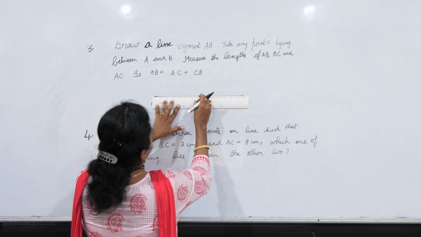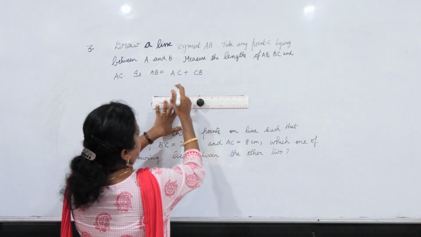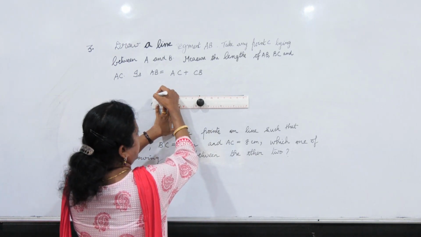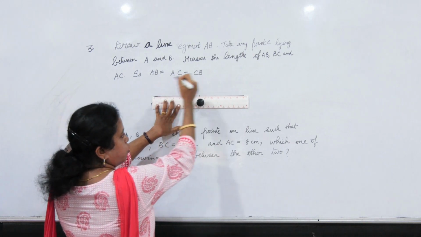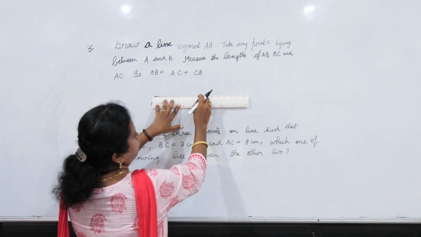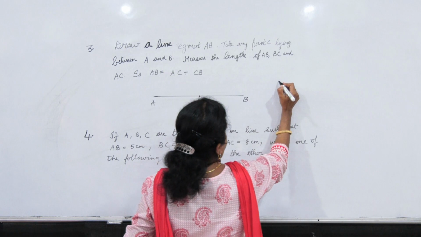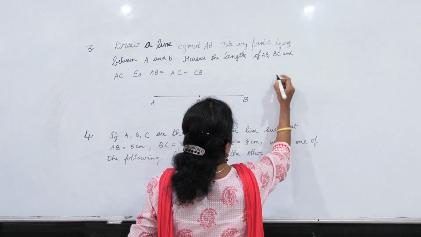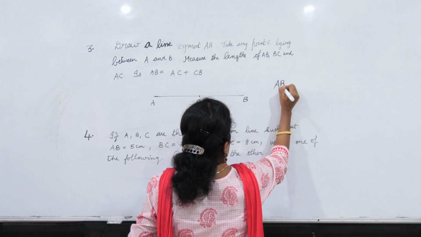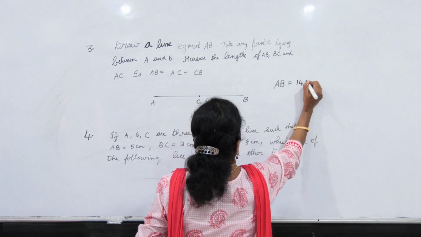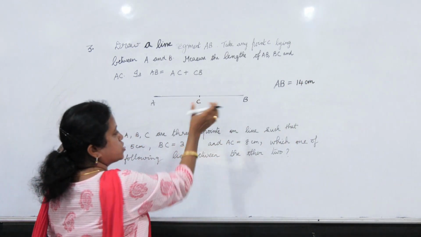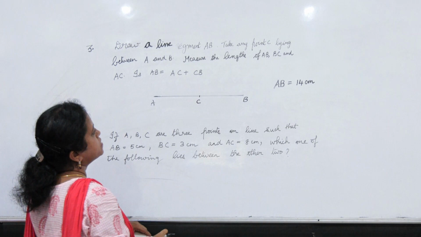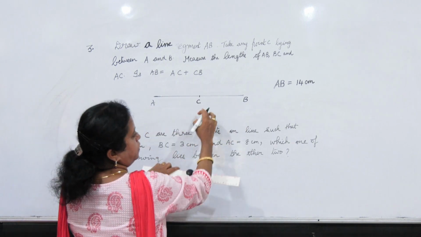So here you can see the measurement of the line segment. I have to remember that I start with 0 and here it shows 14 centimeter. That is AB, here 14 centimeter. Now I have to measure the two parts, AC and BC or CB.